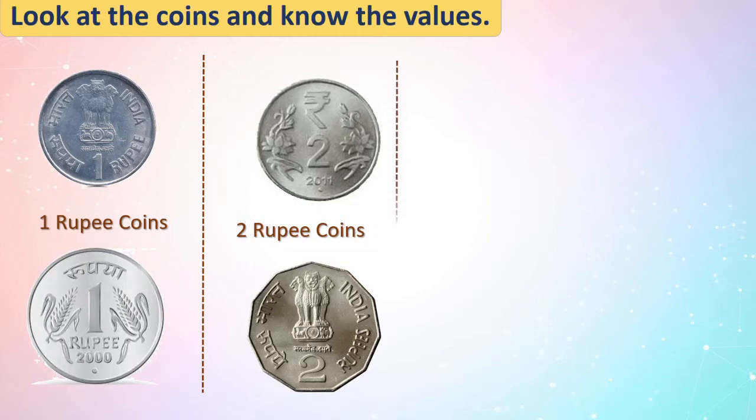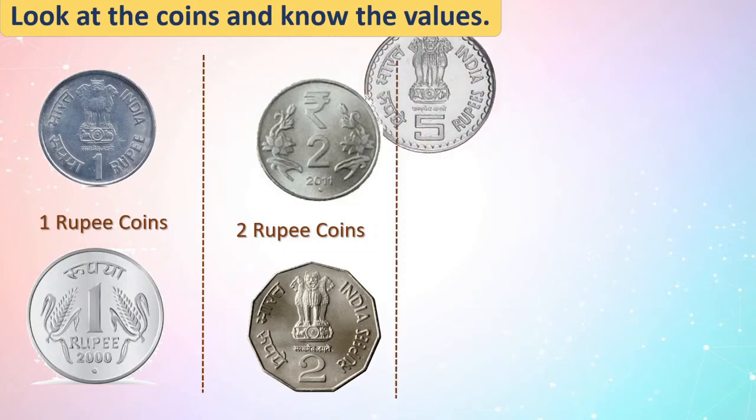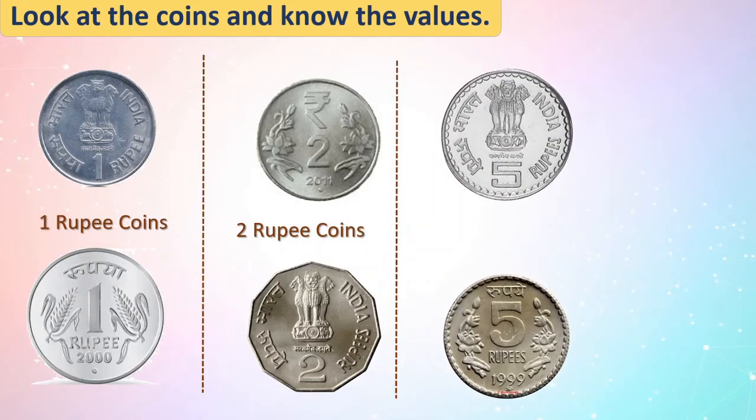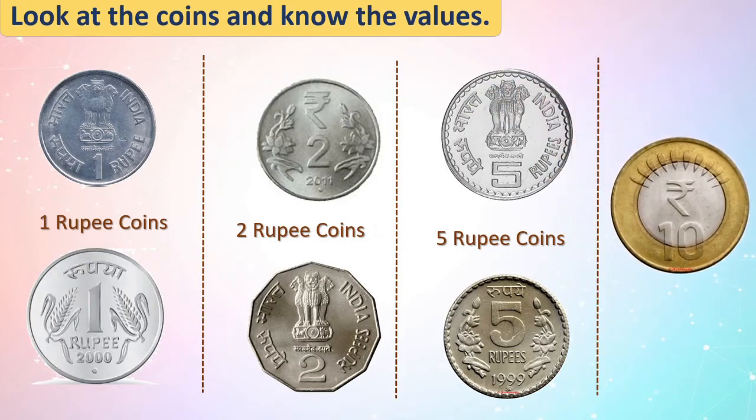Okay. Next. Here you can see 5 rupee coins. Here also we can see two types. The upper one is the new coin and the one below is the old coin, right? Now here it is 10 rupee coin.